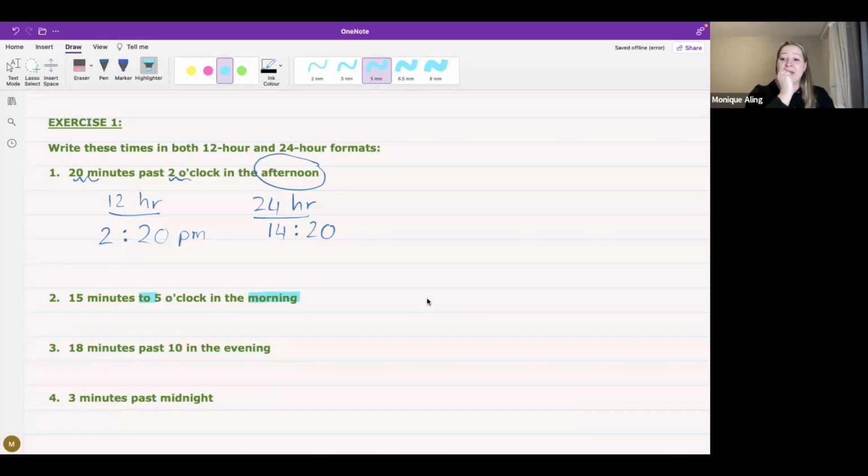Now, this topic can be a bit tricky if you're struggling to tell time, which is normal. It happens often. So if you find that you're struggling with this as well, also practice reading time.